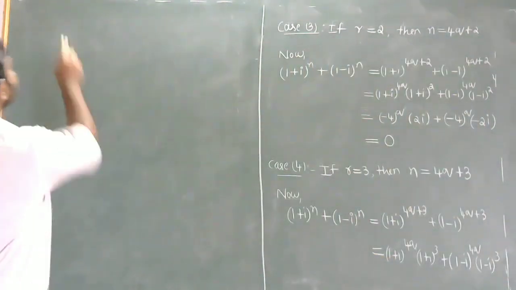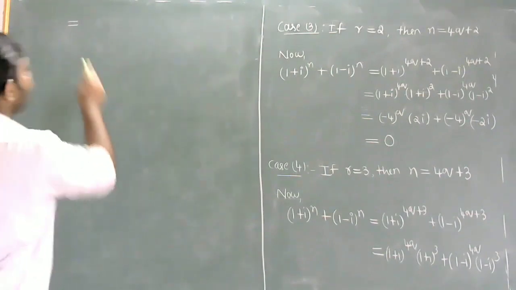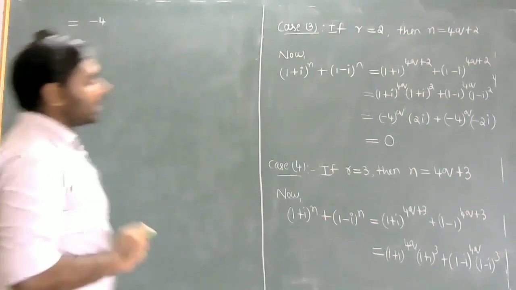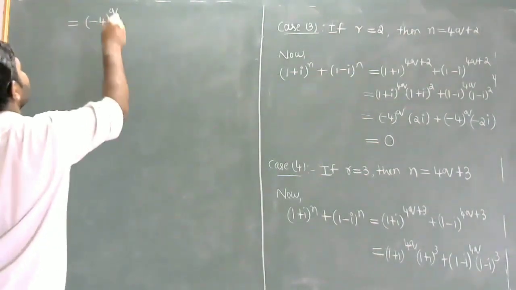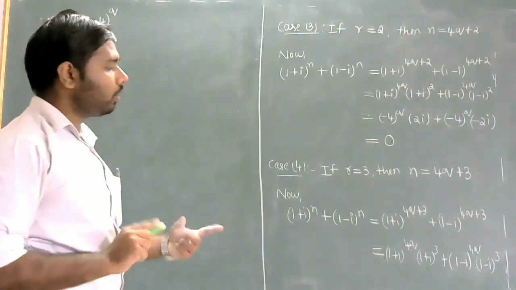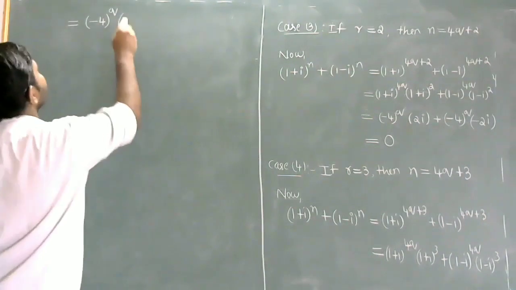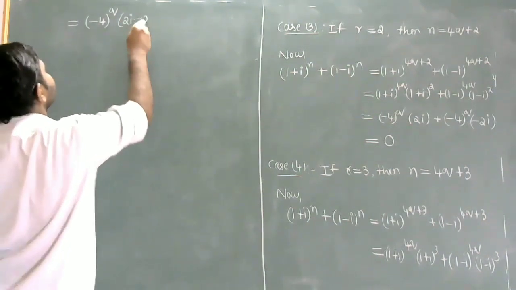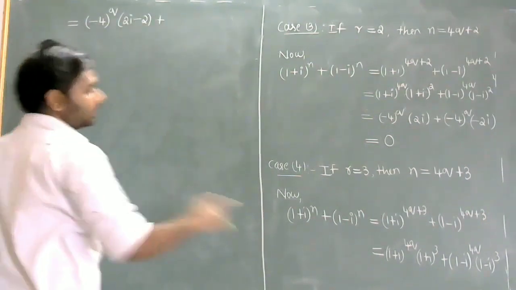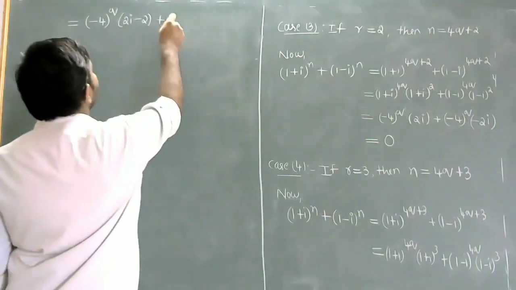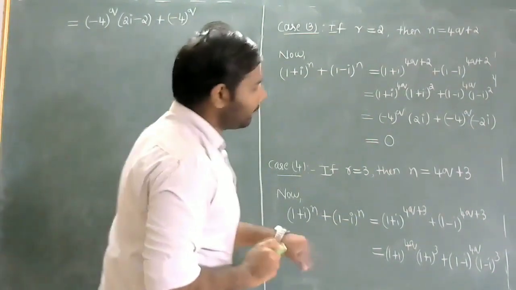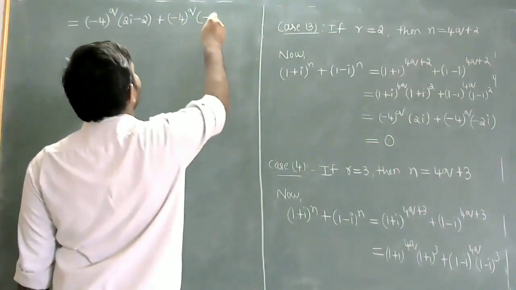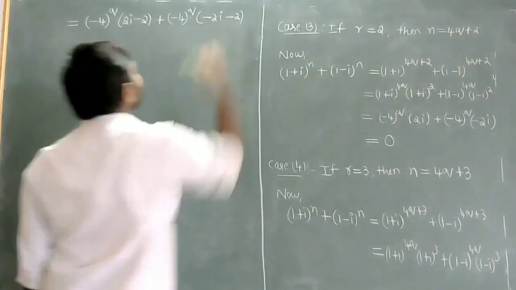Next, substitute the values. So (1 plus i)^(4q) is (minus 4)^q into (1 plus i)^3. It is 2i minus 2. Plus (1 minus i)^(4q) is (minus 4)^q. (1 minus i)^3 is minus 2i minus 2.